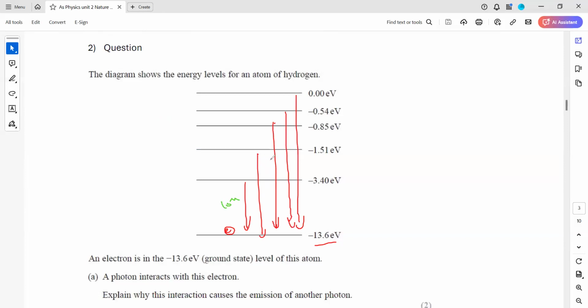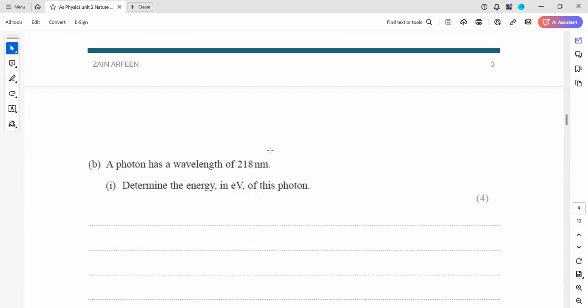And look, the others are obviously higher because this is the smallest one. Between the second and the first level is the smallest. The other arrows are longer, so it is obvious the other values will be more than 10.2. If you want to check, you can, but by looking at this you can identify that a greater length of arrow means more energy will be released.